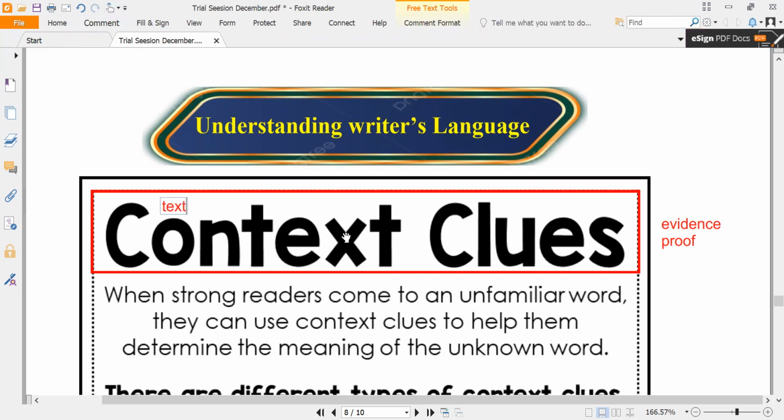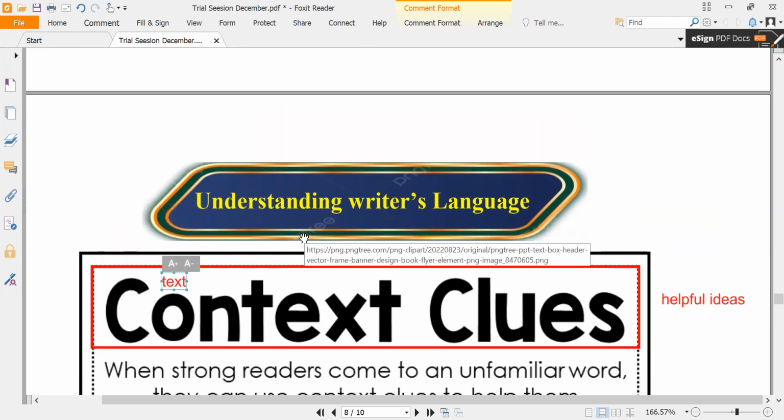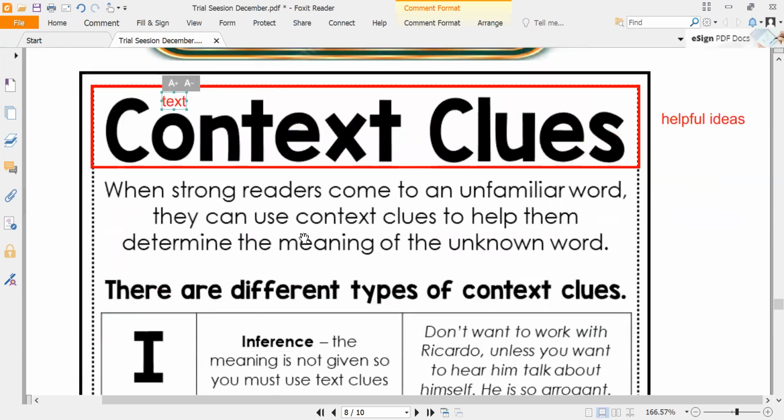So I need to look for some clues, some proofs, some helpful ideas in the text that help me understand what he exactly means. Let's read this: when strong readers come to an unfamiliar word, they can use context clues to help them determine the meaning of the unknown word.